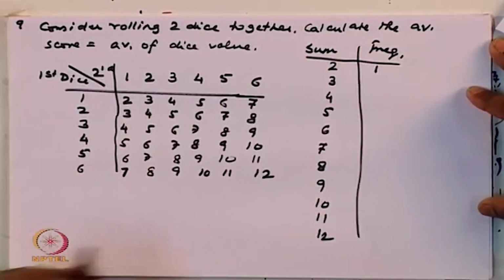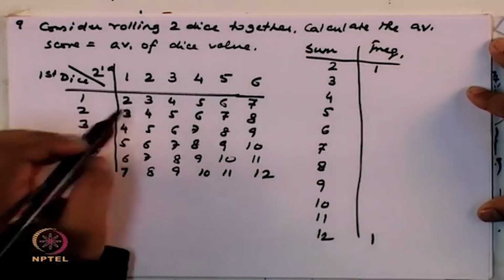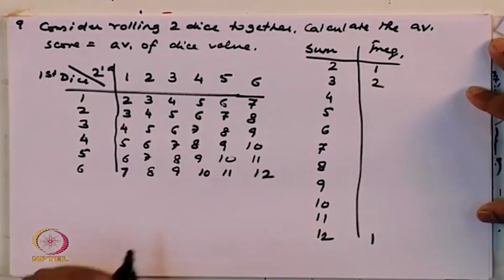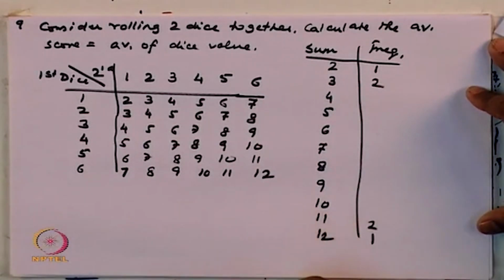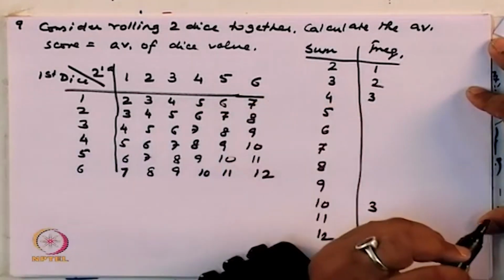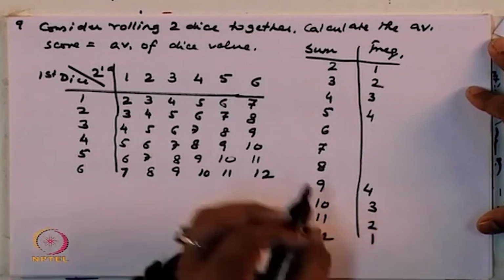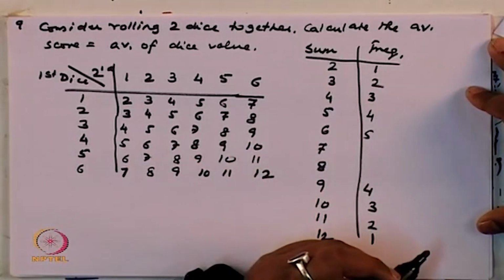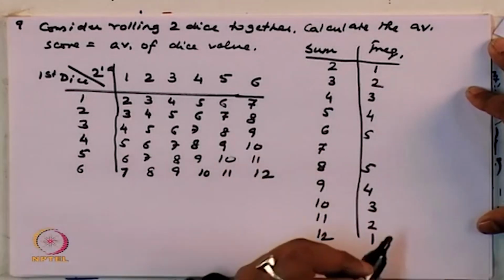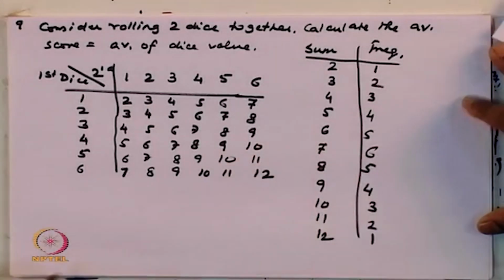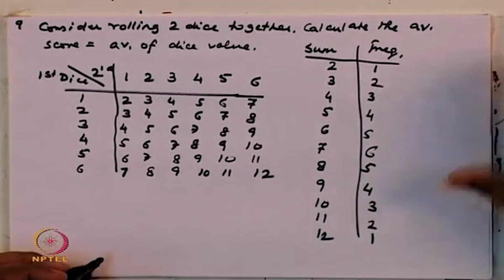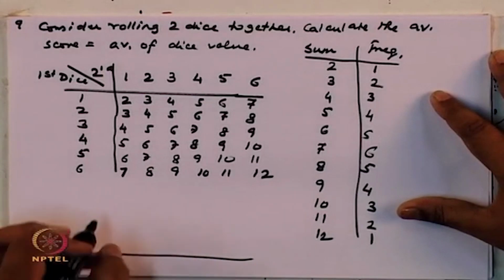For 2 it is 1, for 12 it is 1, for 3 it is 2, for 11 it is 2, for 10 it is 3, for 4 it is 3, 5 it is 4, 9 it is 4, 6 it is 5, 8 it is 5, 7 it is 6.